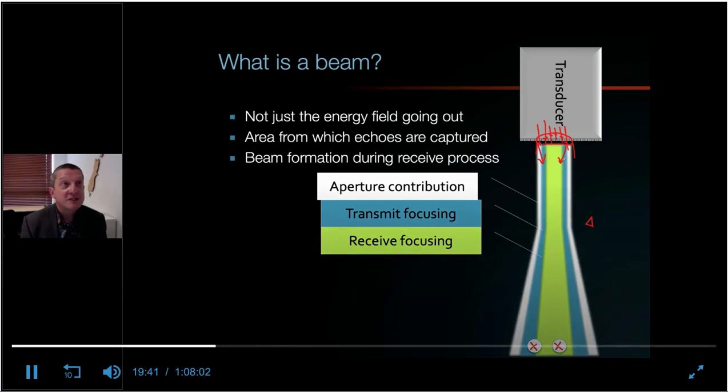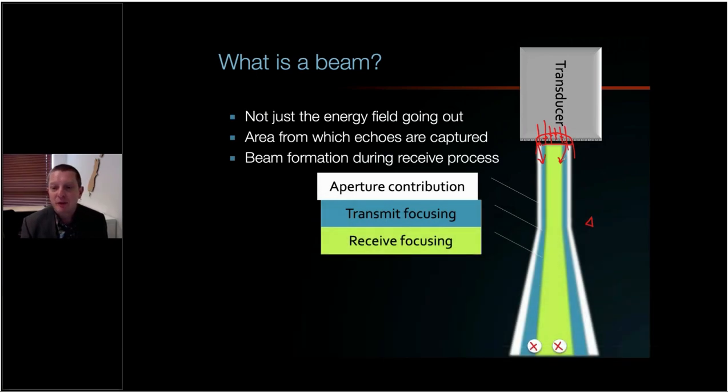Receive focusing is a sort of reverse of transmit focusing, whereby the machine knows the curvature of the returning echo from a particular target at a particular depth, and will selectively look for echoes that have that curvature. That is called receive focusing. Echoes that do not have the desired curvature, for example, echoes from the edges of the beam, will be ignored. So all of these technologies are contributing to the reduction in the perceived beam width.